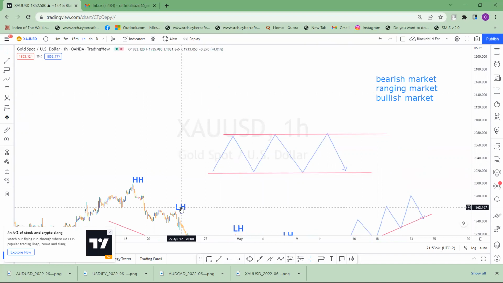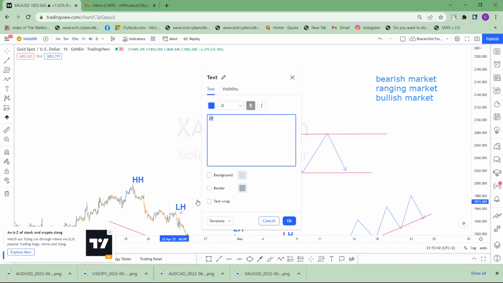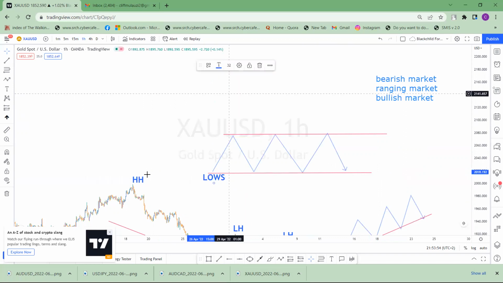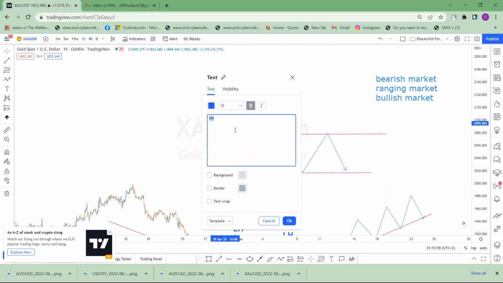When the market is like this, we only have two things, which are called the lows and the highs. So these are considered to be the lows and these are the highs.